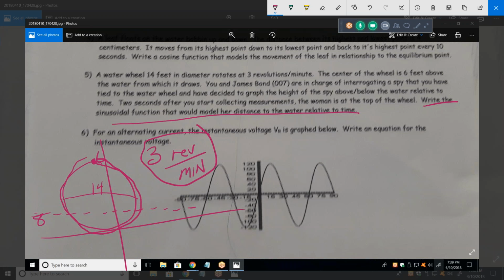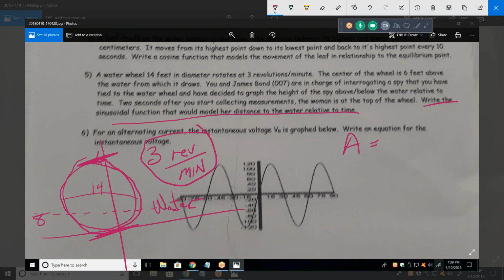Well, let's start with A. What's the maximum height? Remember, this is the water. So this is the ground. When I say maximum height, I mean, what's that height there? What's the diameter of the water wheel?